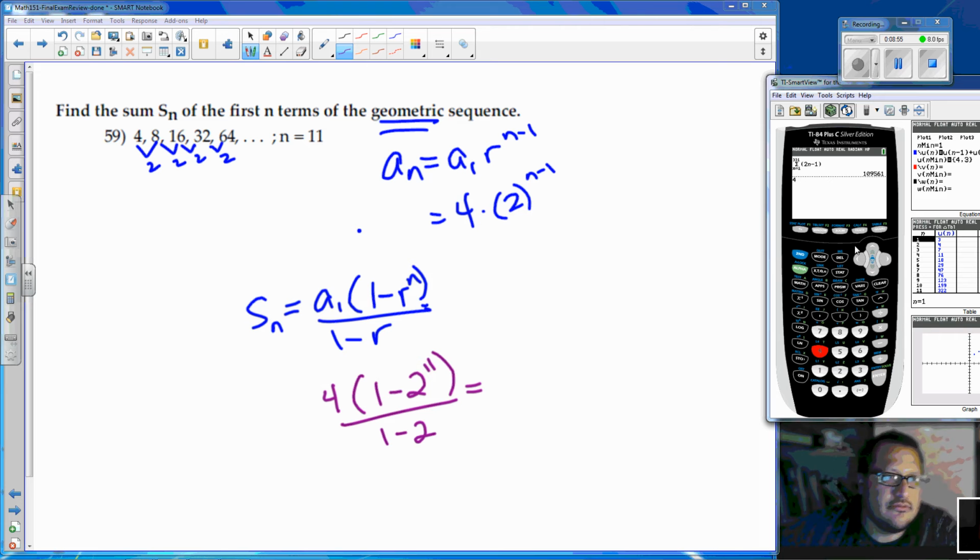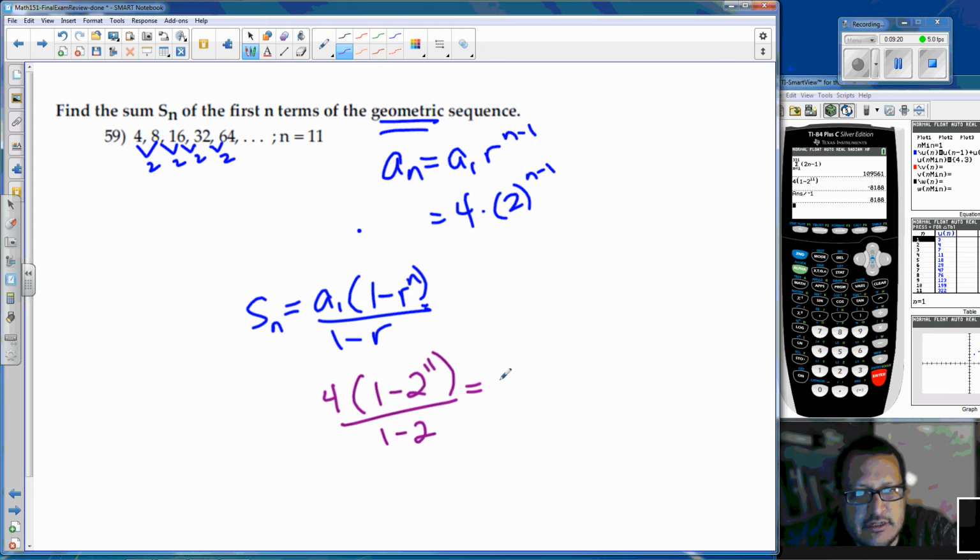So 4 times 1 minus 2 to the 11th, and the bottom is going to be just 1 minus 2, so divided by negative 1. So this is just 8,188.